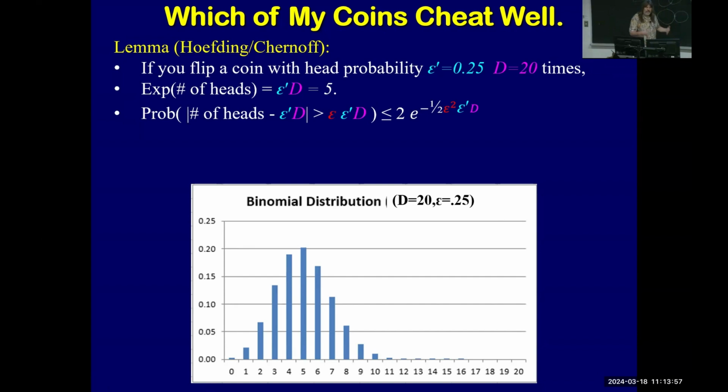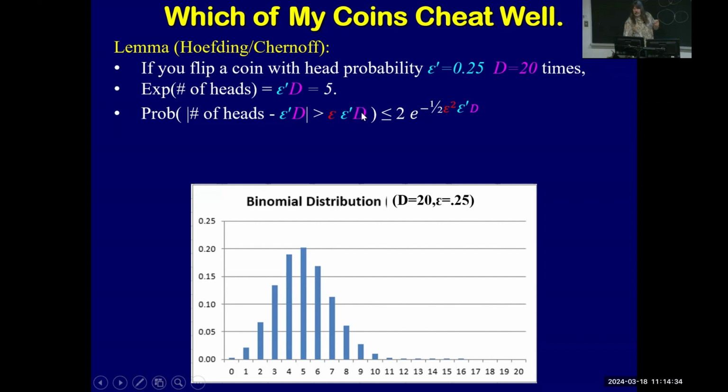All right, so here's the theorem that this guy came up with. He says: here's the number of heads that we came up with. The probability that the number of heads that we came up with differs from the expected number, the probability that we're off by some small amount.